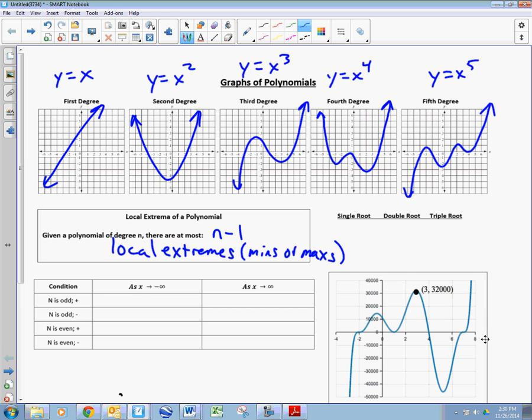So the bumps are mins or maxes, local minimums, local maximums, as we call them. All right. So, also notice they start in different directions, don't they? Some of them start down, some of them start up, but they all finish up. Unless they're negative, then they're all going to finish down.